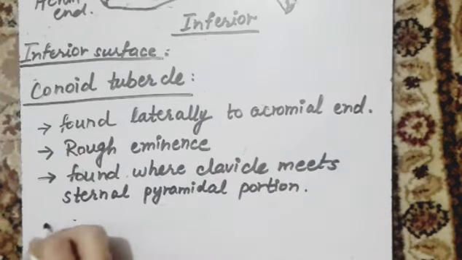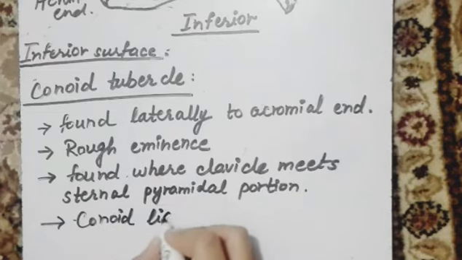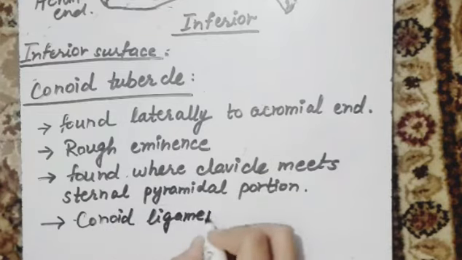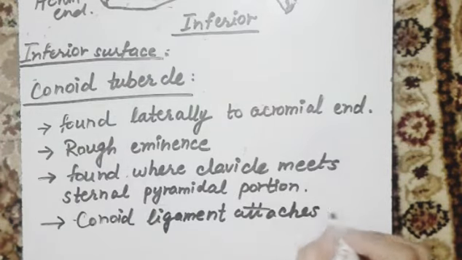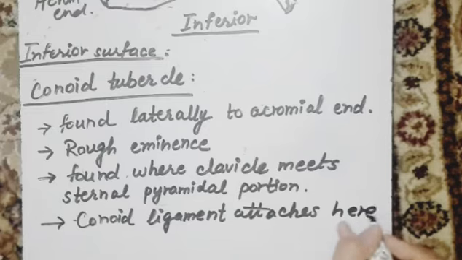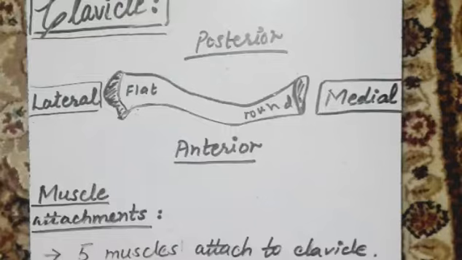In the costal tuberosity, we discussed that costoclavicular ligament attaches, but in conoid tubercle, the name shows it, conoid ligament attaches here. These are just the points for conoid tubercle, and now let's move on to the muscles that are attached to the clavicle.